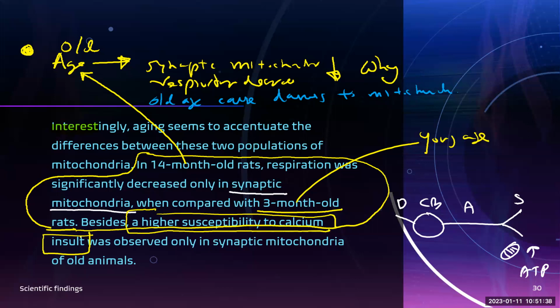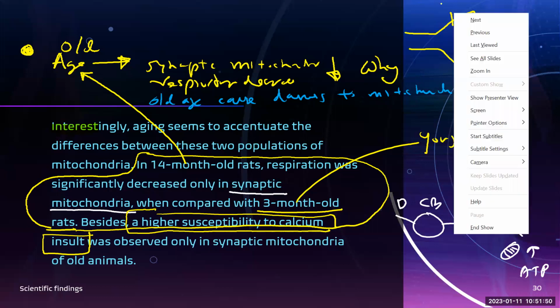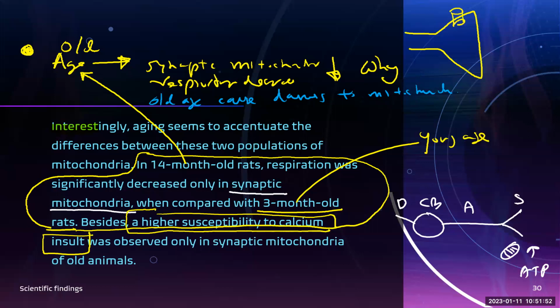We know that the voltage gated calcium channel in the presynaptic membrane is the most important transporter, because calcium moves in, then you start neurotransmission.